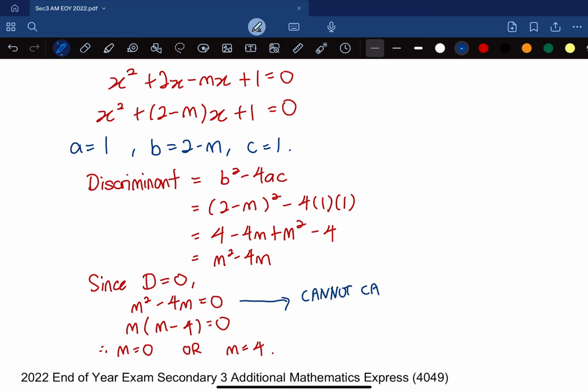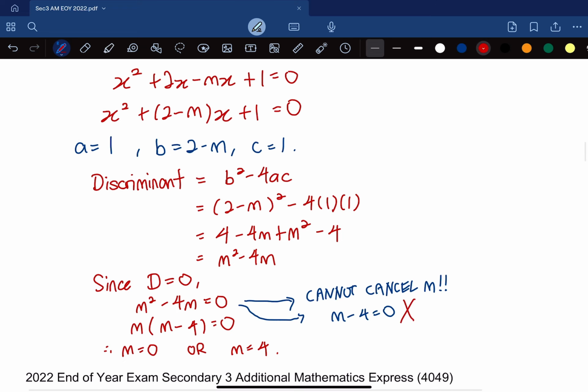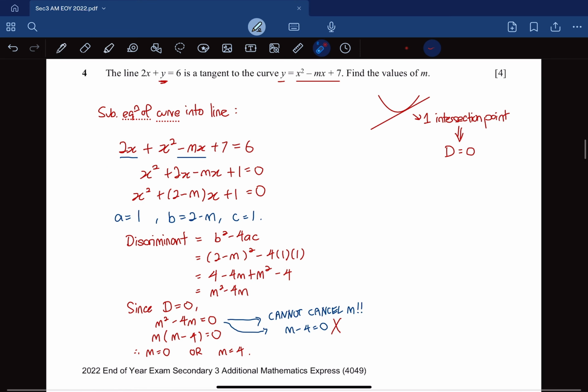What many people will do is simply get m minus 4 equals to 0 from here. This step is wrong. You are removing one solution, whereby m is equal to 0. Okay, so that is the solution for question 4.